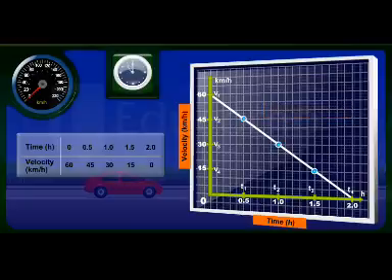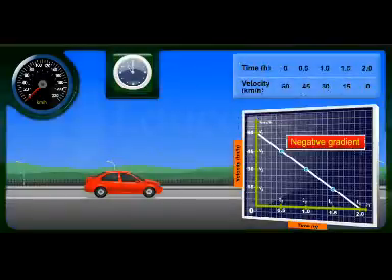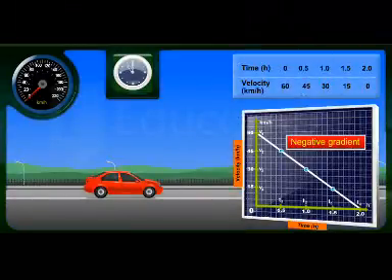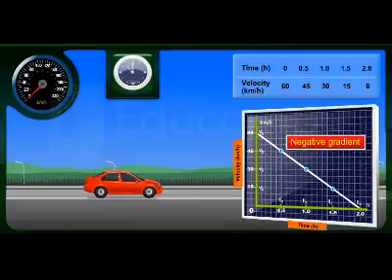As you can observe, the graph for uniformly decreasing velocity or negative acceleration is a straight line with a negative downward slope or gradient. Thus, you can conclude that if the velocity time graph is linear with a negative gradient, it indicates that the object is gradually slowing down or moving with a uniform retardation.